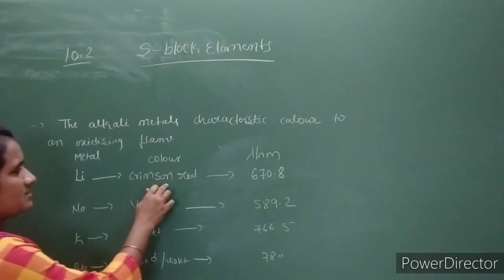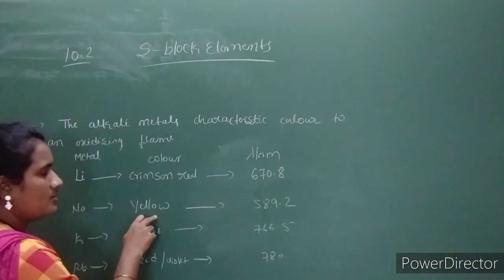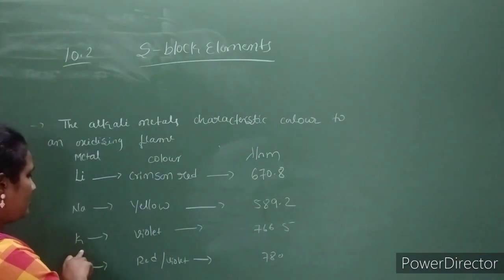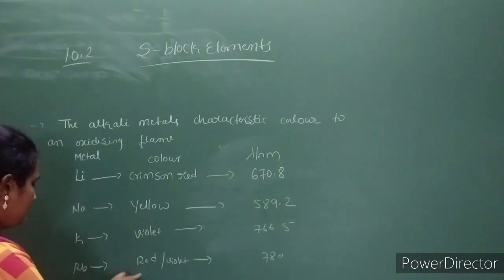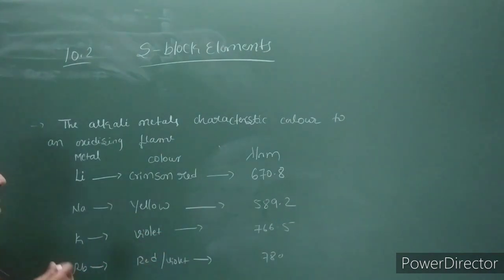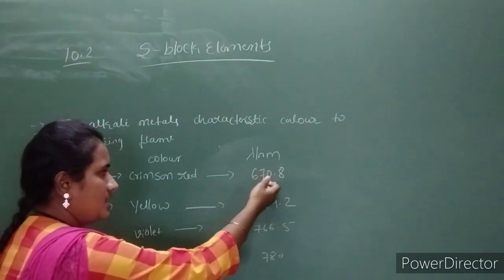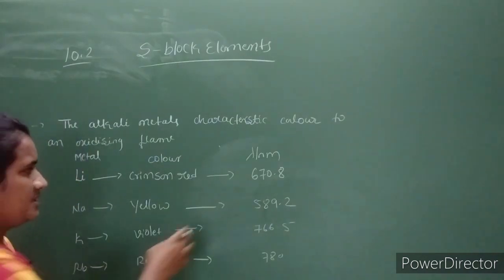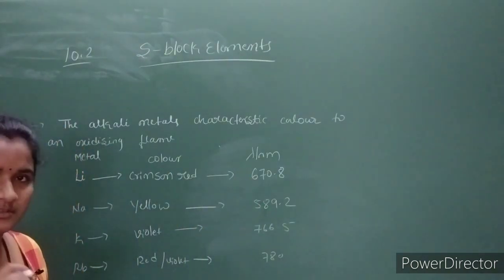So lithium gives crimson red, sodium yellow, potassium violet, rubidium red, cesium blue. All the alkali metals show different colors at a particular wavelength.